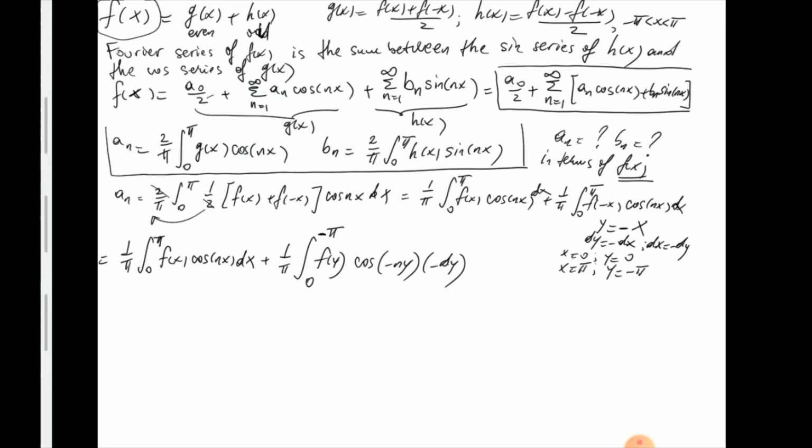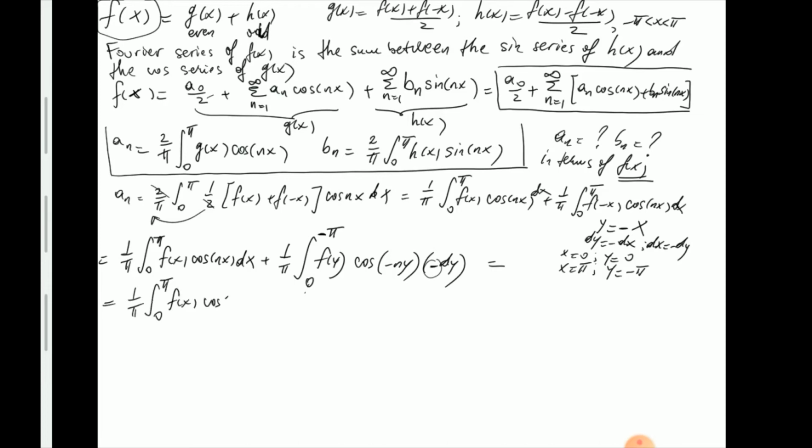And now another property of Riemann integrals. If you interchange the order of the bounds, so if instead of 0 to minus pi I have from minus pi to 0, you change the sign of the integral. So I can get rid of this minus dy, so that minus, by simply interchanging the order of the bounds.